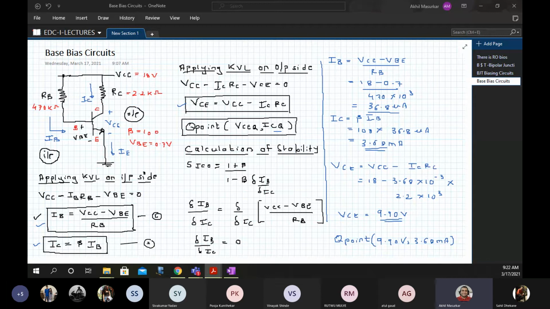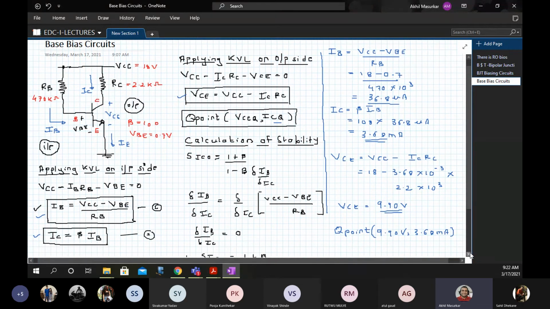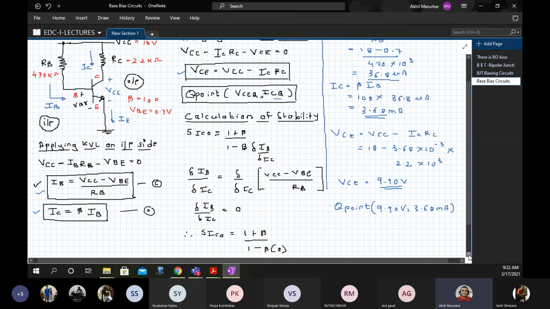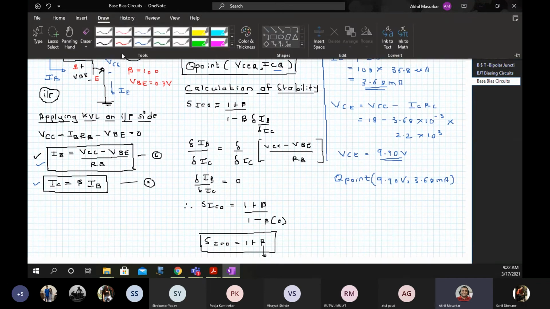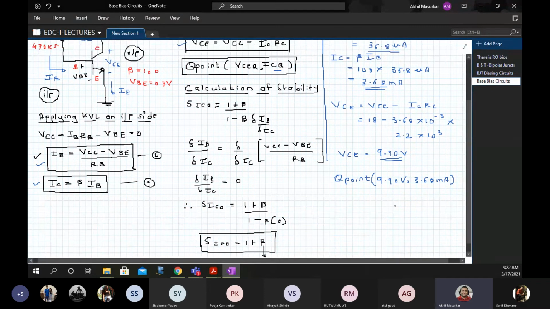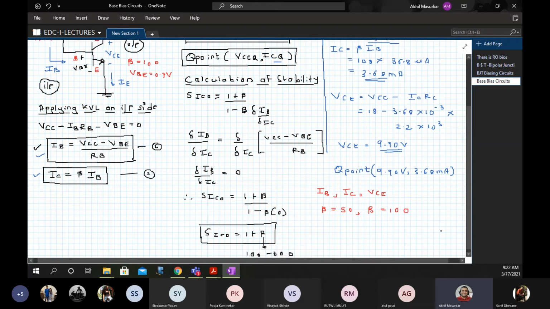Now, I want you all to calculate IB, IC and VCE. Formulas are there in front of you. Now you all will calculate and tell me IB, IC and VCE when beta is 50 and beta is 100, when all other parameters are exactly the same.